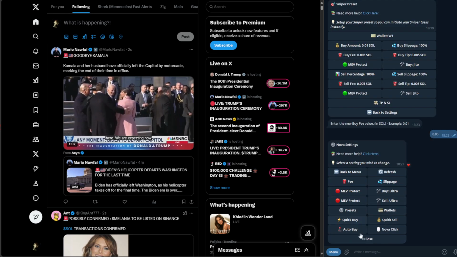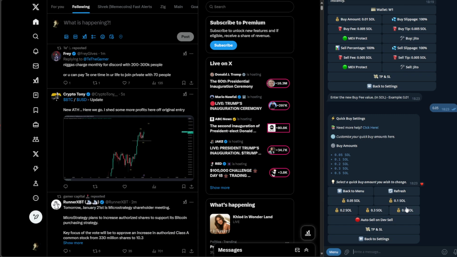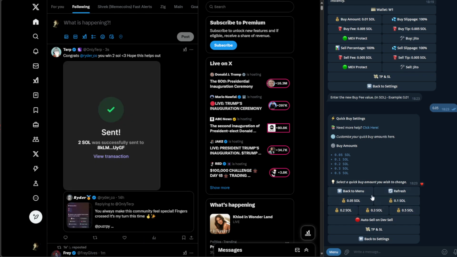And then you have quick buy. This is where you set your quick buy amounts. So when you're buying into positions through the Telegram bot, these are the quick buy amounts that you have. If you really need to quick buy a token, these are the amounts you can put, and you can just quickly hit that button.